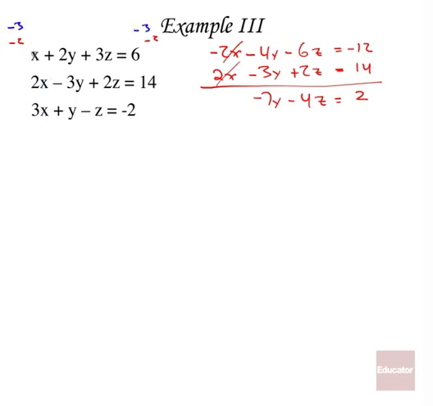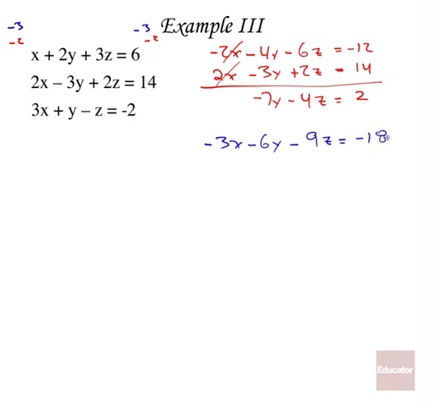When I do that, I end up with negative 3x, negative 3 times positive 2 is negative 6y. Negative 3 times 3 is minus 9z. And minus 3 times 6 is minus 18.